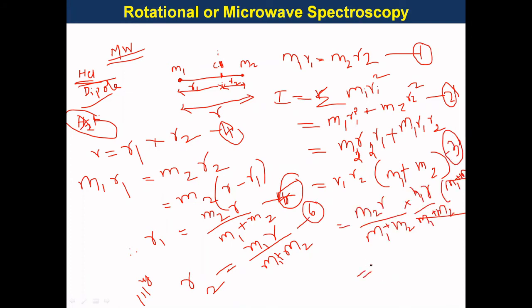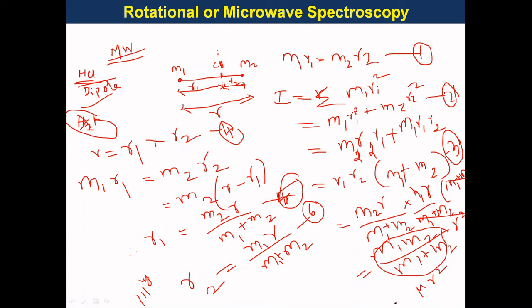We can strike out the common term, so what remains is I equals m1 m2 divided by m1 plus m2, times r squared. Here the term m1 m2 by m1 plus m2 is our reduced mass, so I becomes mu r squared. This is the final equation for the moment of inertia.